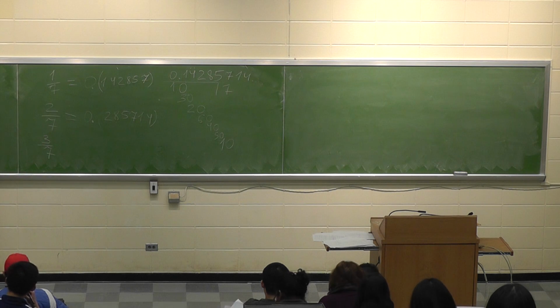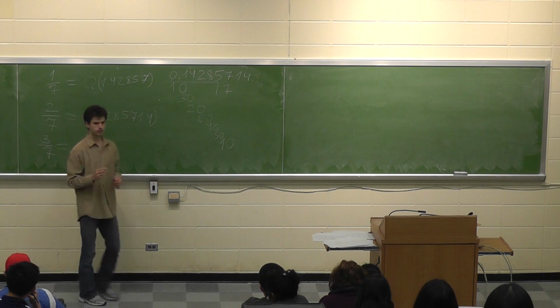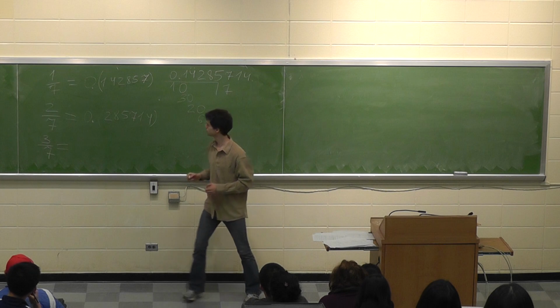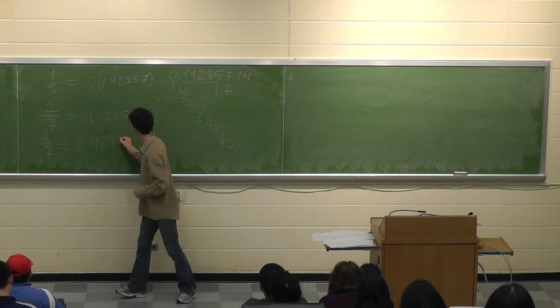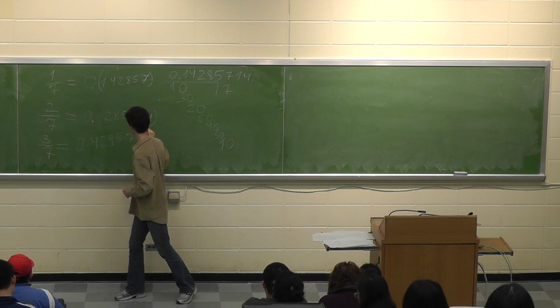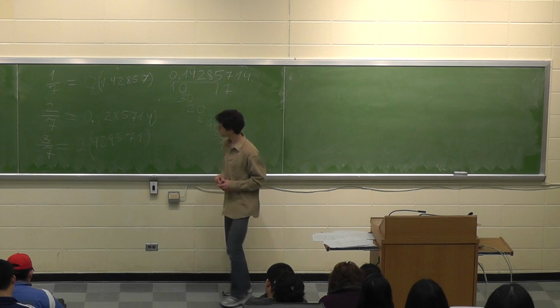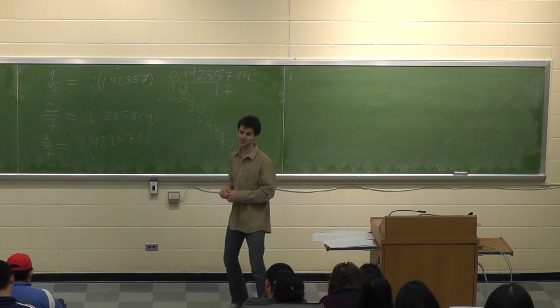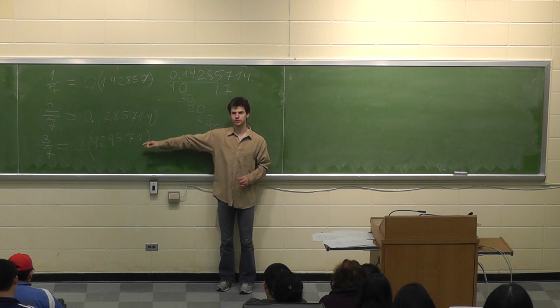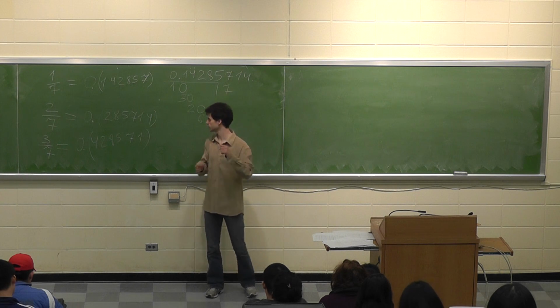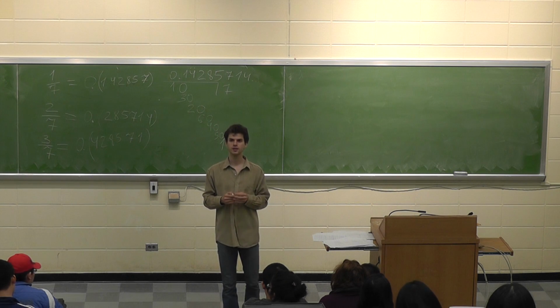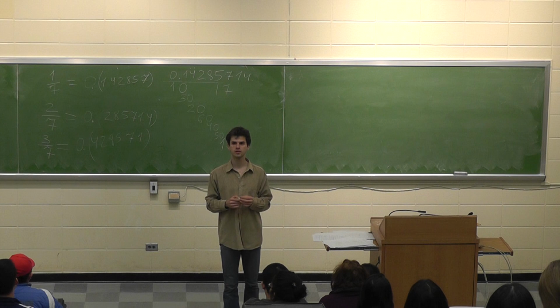So what is 3 over 7? Once again, you have the same phenomenon. It's the same digits except permuted cyclically. I think it's actually 4, 2, 8, 5, 7, 1.